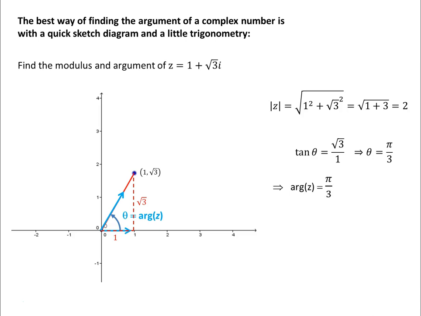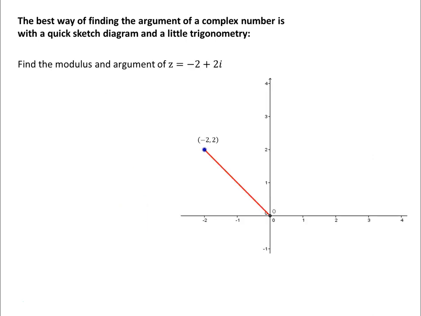So we can say that arg z is pi by 3. For the second example, we've got to find the modulus and argument of minus 2 plus 2i. So again, the modulus is nice and easy. The modulus is simply the square root of minus 2 squared add 2 squared, which gives us the square root of 8, or 2 root 2.